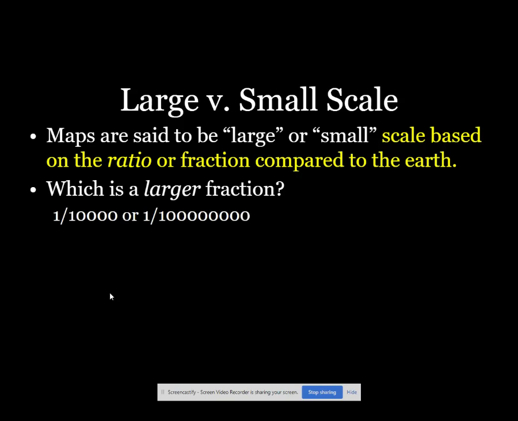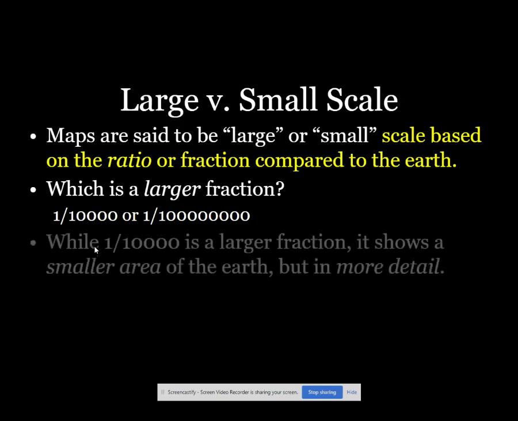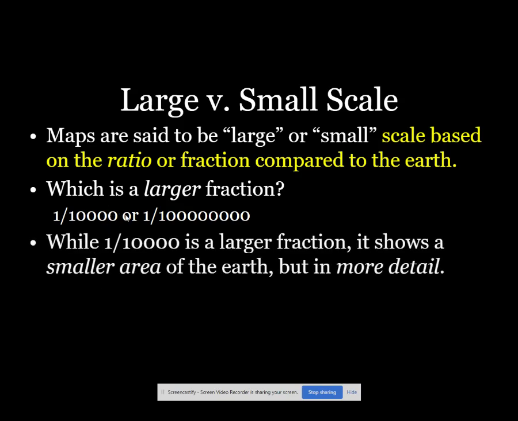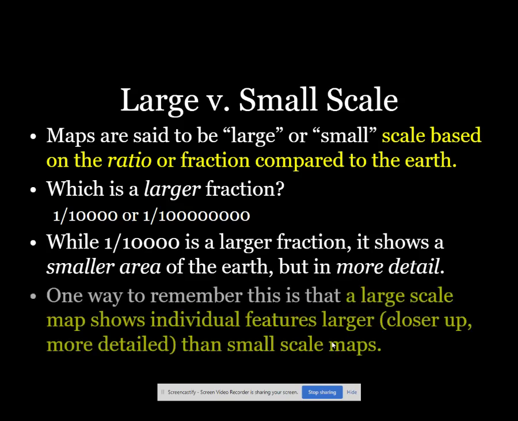Which fraction is larger? This one on the left, 1/10,000, is the larger fraction. It has the lower denominator, but that makes it the larger fraction. The larger fraction means it shows a smaller area of the Earth, but because it's showing a smaller area, it's showing more detail.